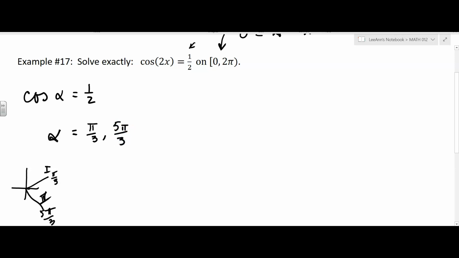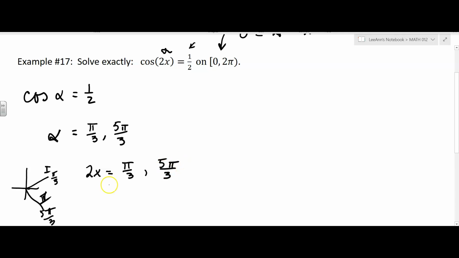Now you might be wondering, why do you have that alpha in there? Well, I'm just saying, pretend like this 2x is just some angle. And because I know the cosine of some angle equals 1/2, I can solve for that angle. And this is what I get. Now, the problem is we don't have alpha. We have 2x. So we're saying 2x equals pi over 3 and 5 pi over 3.